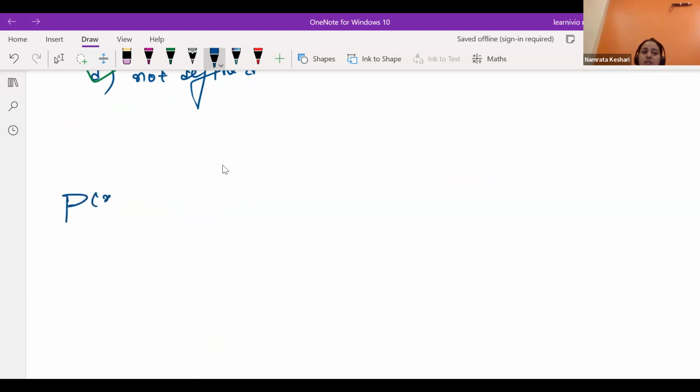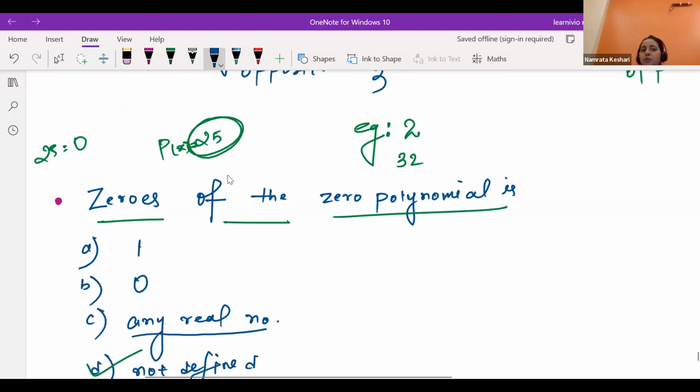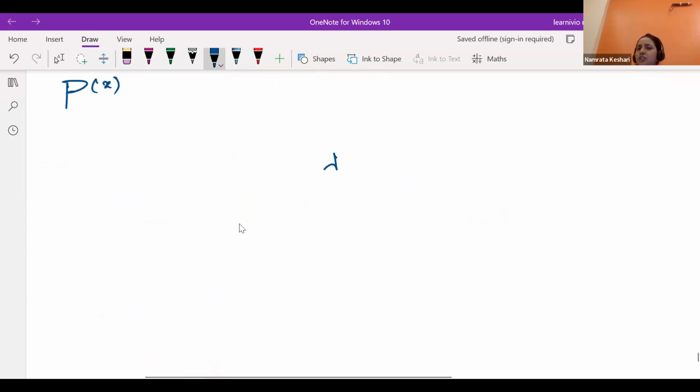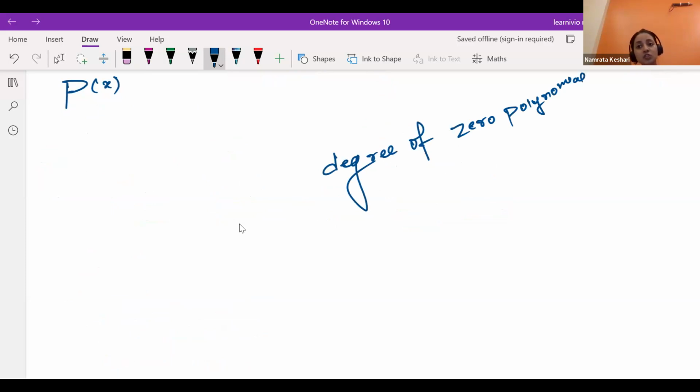Since we are talking about zero of the zero polynomial, what is the degree of the zero polynomial? This is very basic, I always explain this concept in my class. On the basis of degree, I mention the name. First I write the degree, then I give the example, then I write the name.